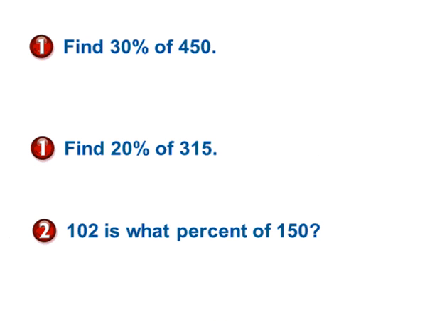Find 30% of 450. So the word find is our unknown. So we'll say n, our unknown, or our part, is equal to 30%, written as a decimal, so it's 0.3 of 450. All right, so 0.3 times 450.